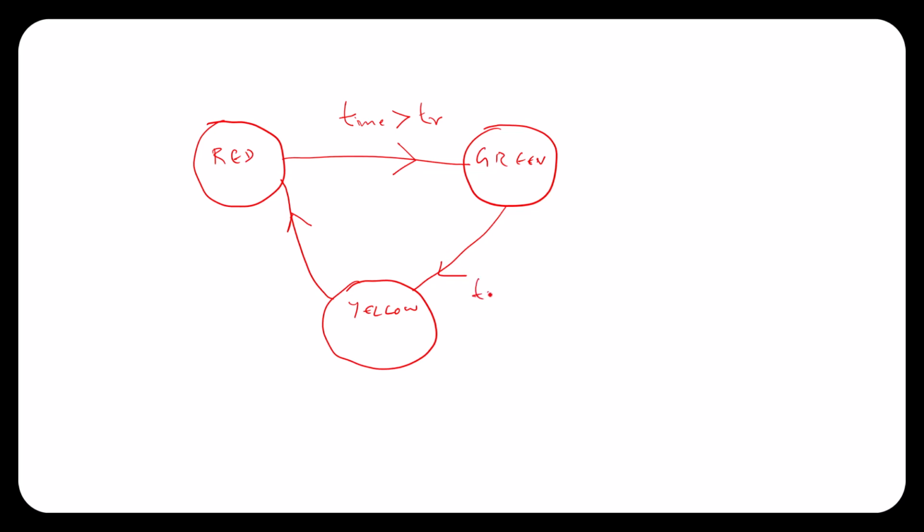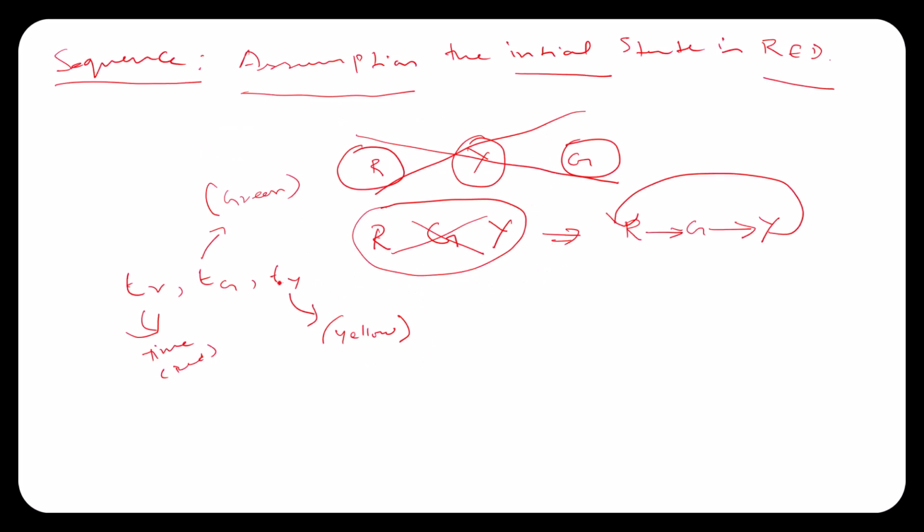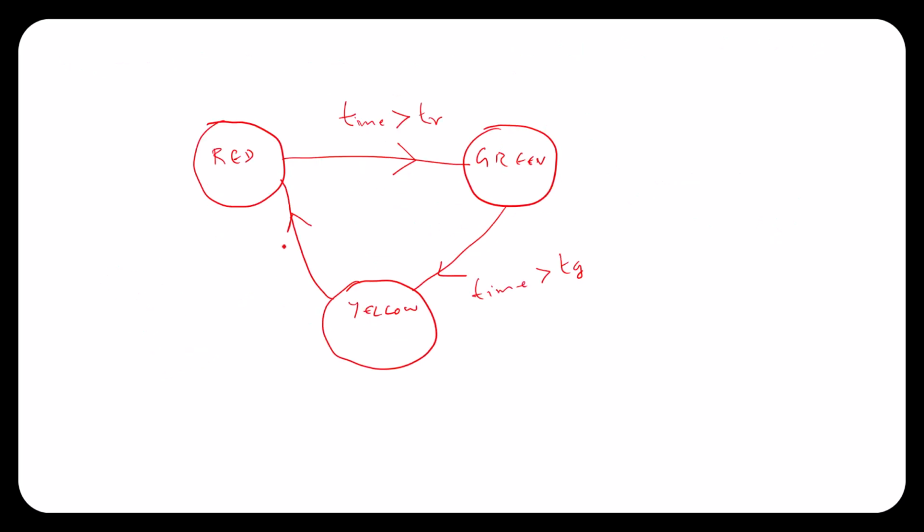Similarly, when the time is greater than TG, that is, it's supposed to stay in the green state for a while, that is called TG. We defined it earlier. And then it transitions from yellow to red when time exceeds TY.